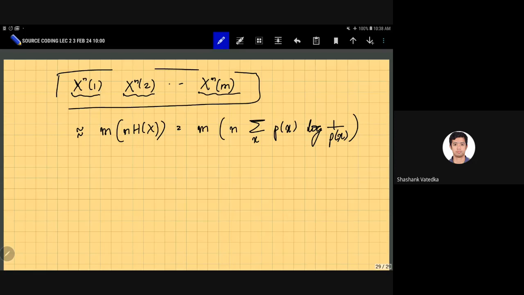Now, when you're encoding them separately, the empirical frequencies of each of these could be slightly different.